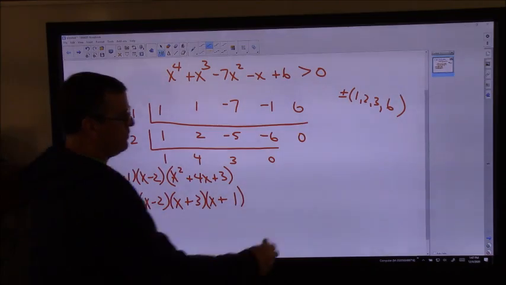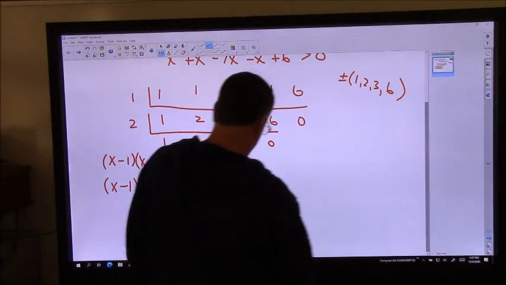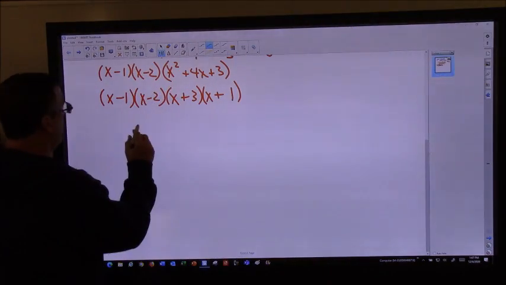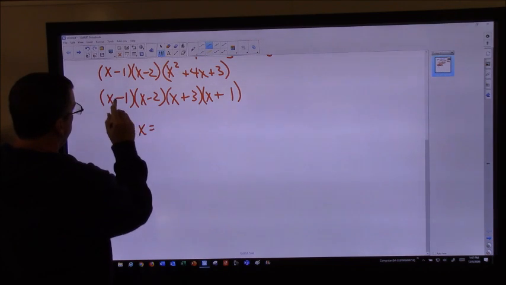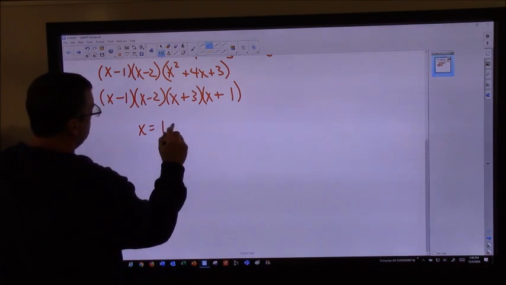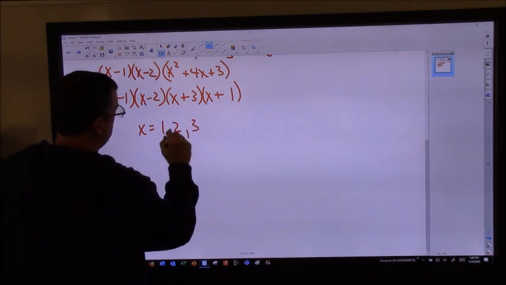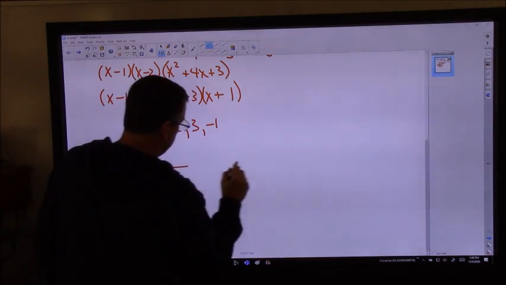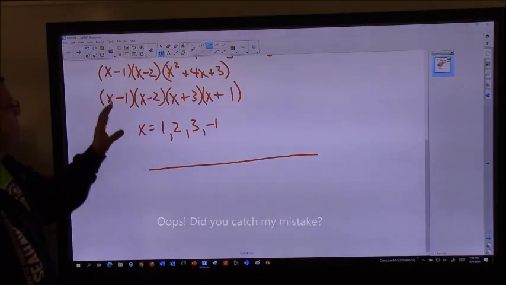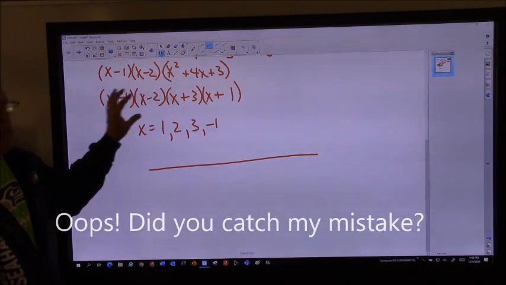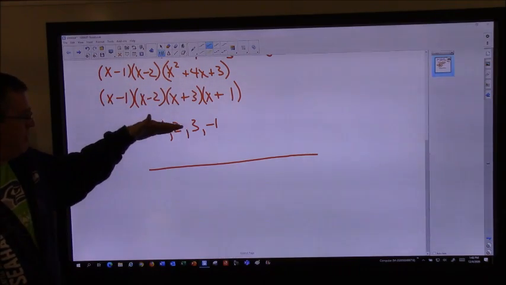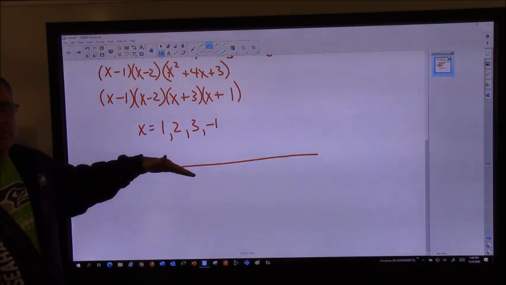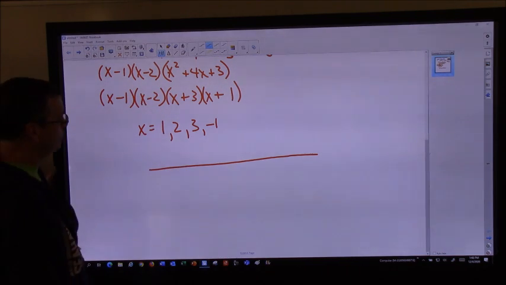And so that means that my zeros are at x equals 1, 2, -3, and -1. It would have been nice if maybe some of these repeated themselves, because then that would be fewer intervals, but that didn't happen on this one.